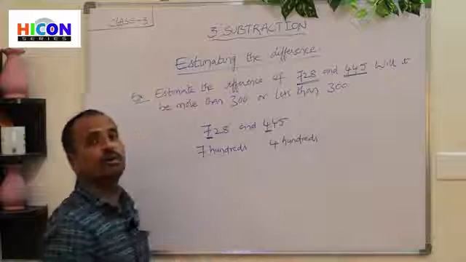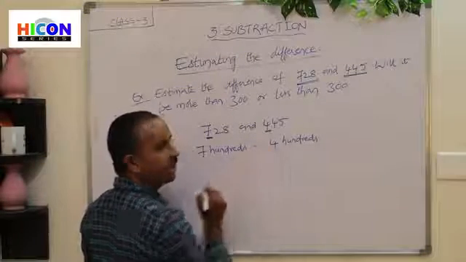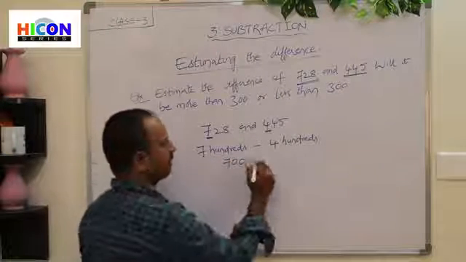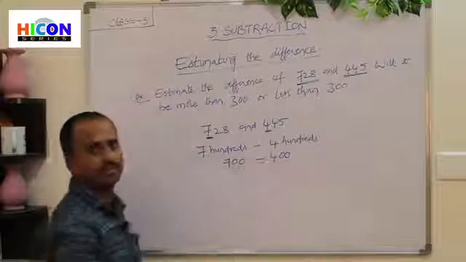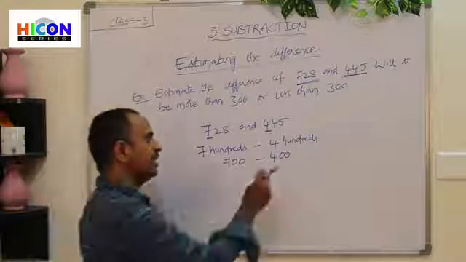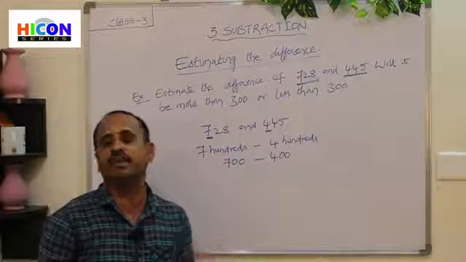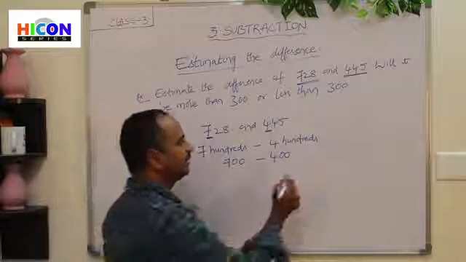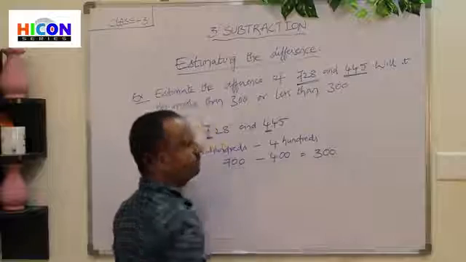And now we have to find the difference. Difference means subtraction, that is minus. 700 minus 400. If we subtract 400 from 700, how many hundreds will we get? 300.